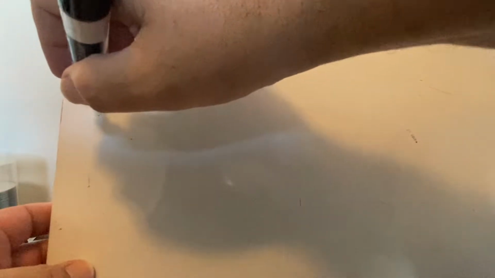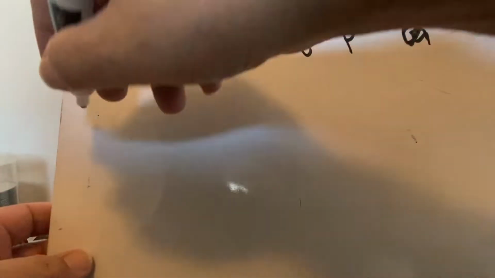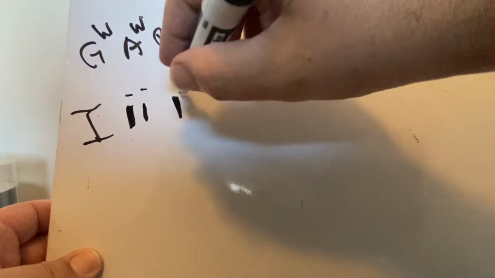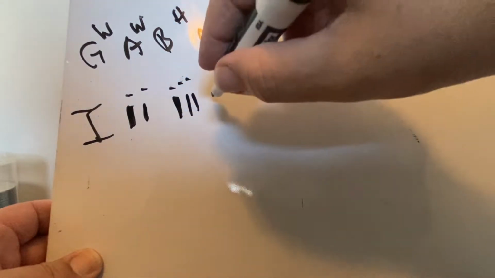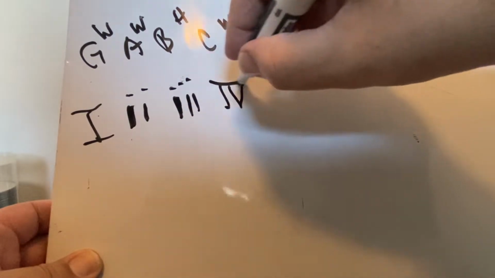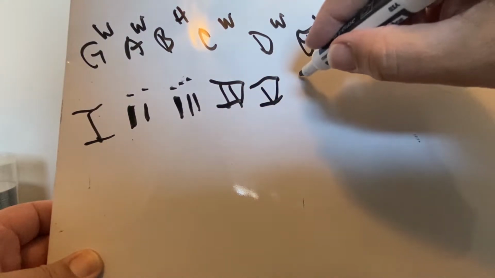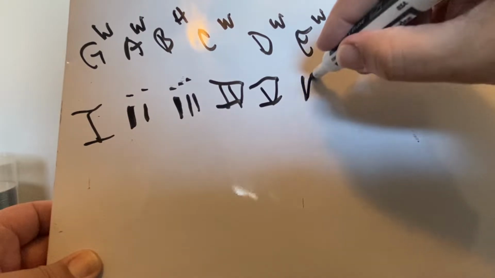The first chord in a G scale is a major chord. The second is a minor. The third is a minor. The fourth is a major. The fifth is a major. The sixth is a minor.